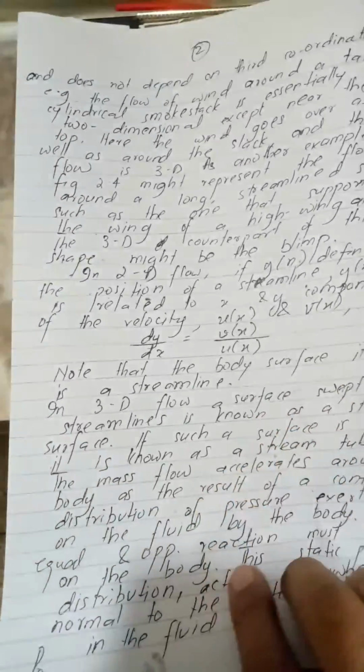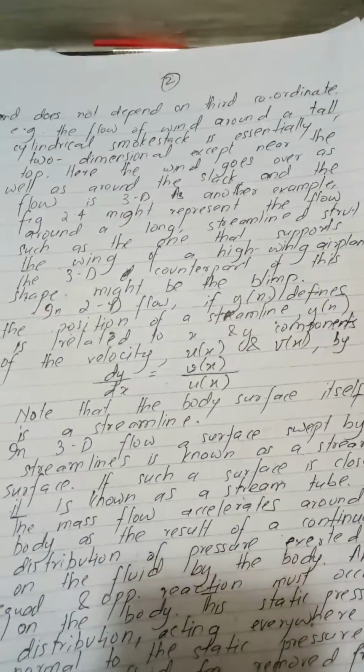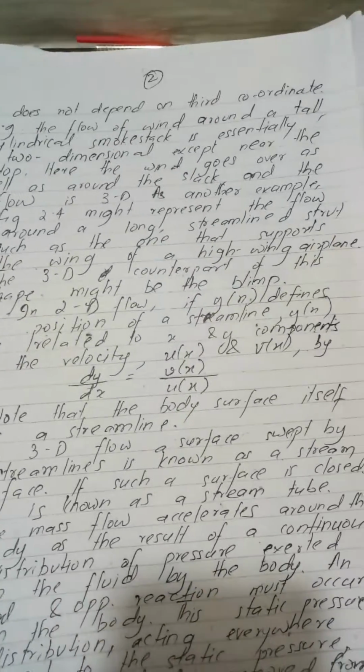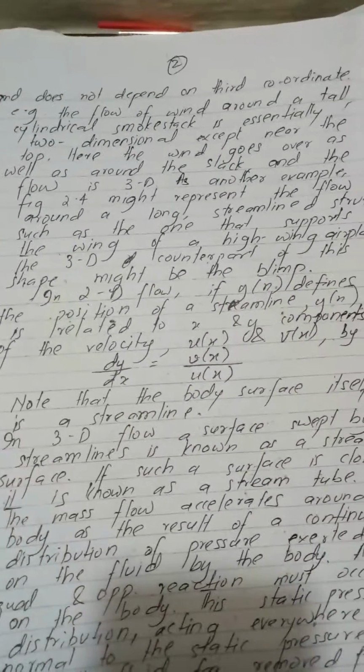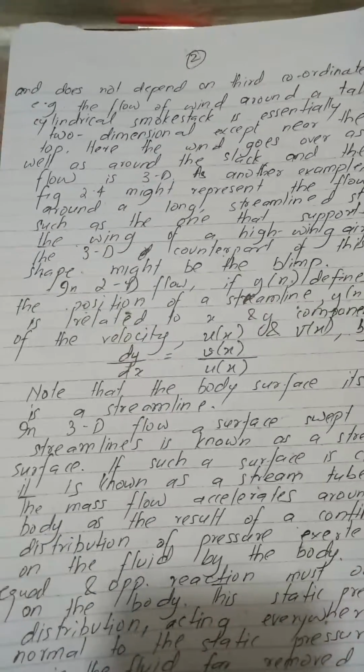So let's see how we're going to see that. First of all, it has been said that the flow depends on the two coordinates x and y in the case of the figure, and does not depend on the third coordinate. For example, the flow of wind around a tall cylindrical smokestack is essentially two-dimensional except near the top.